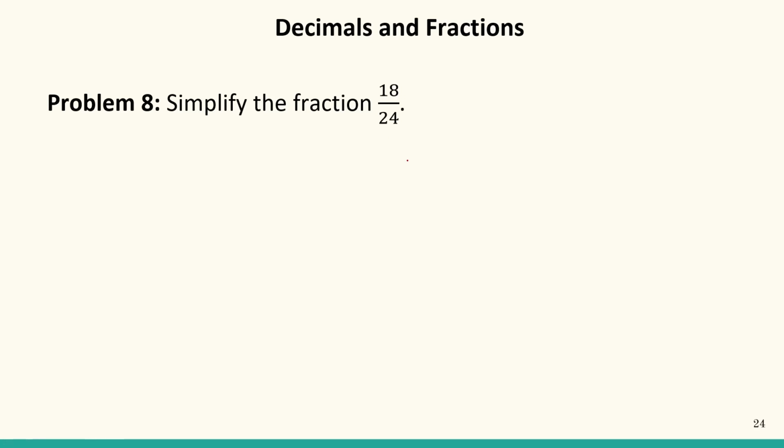Okay, so what problem 8 tells us is to simplify 18 by 24. Okay, so in order to simplify this 18 by 24, let's see the prime factorization of 18, that is 2 into 3 into 3, and for 24 it is like 4 into 6, that is equal to 2 into 2 into 2 into 3.